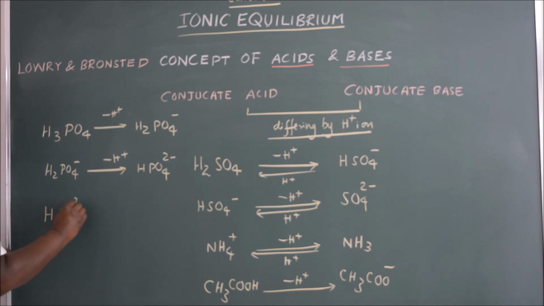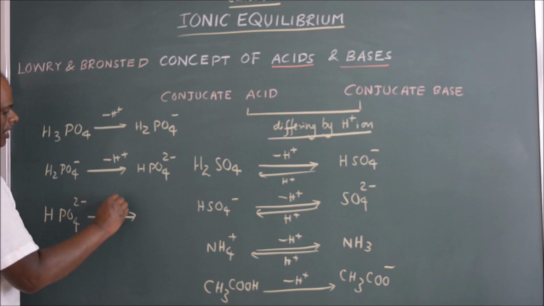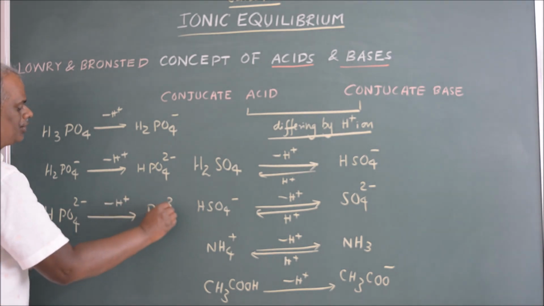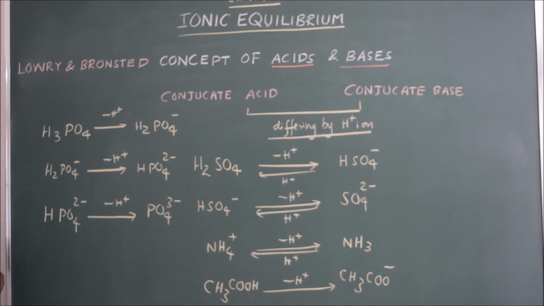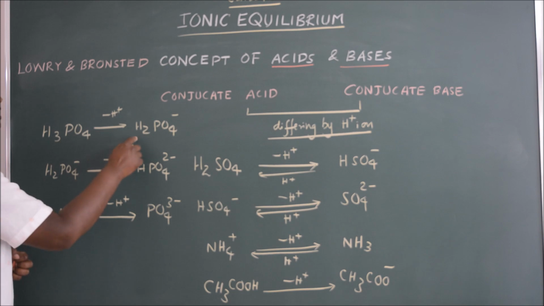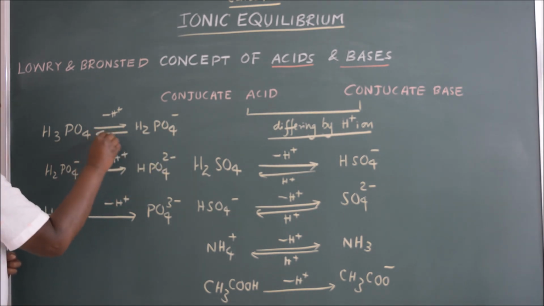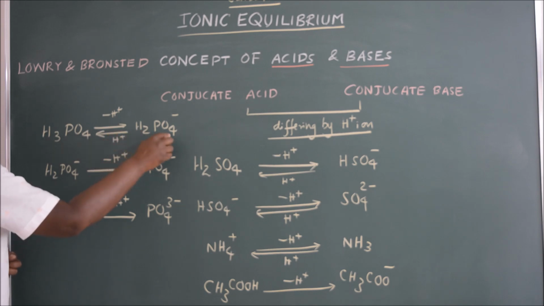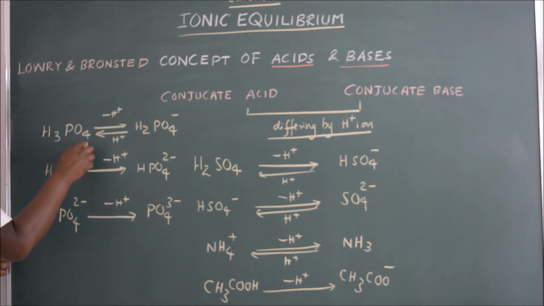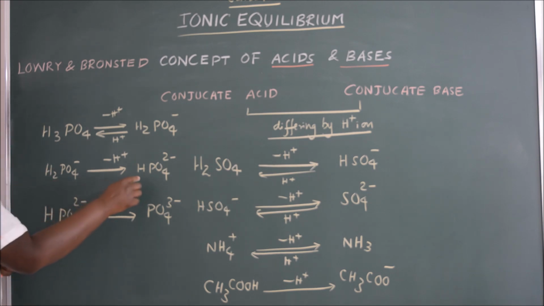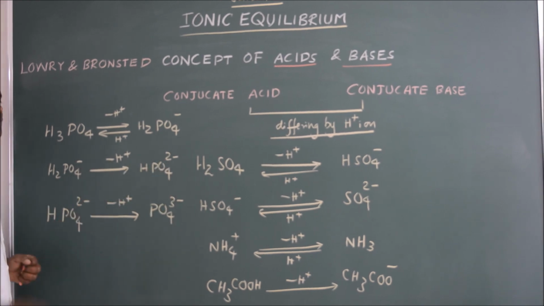HPO4 2 minus, on the loss of hydrogen plus, can form PO4 3 minus. So the conjugate base of H3PO4 is H2PO4 minus. What would be the conjugate acid of this H2PO4 minus? It is H3PO4. Likewise, the conjugate base of H2PO4 minus is HPO4 2 minus.